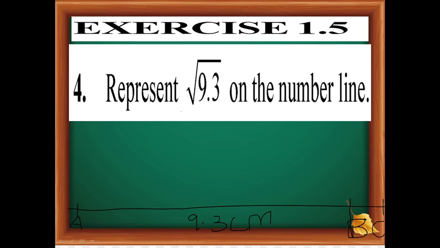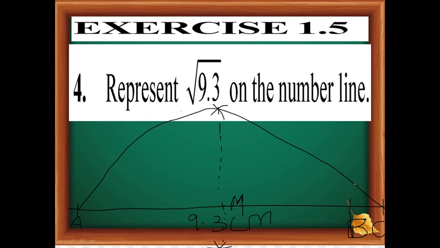Then make the perpendicular bisector of AC. Make M the midpoint and, taking AM as the radius, draw a semicircle.